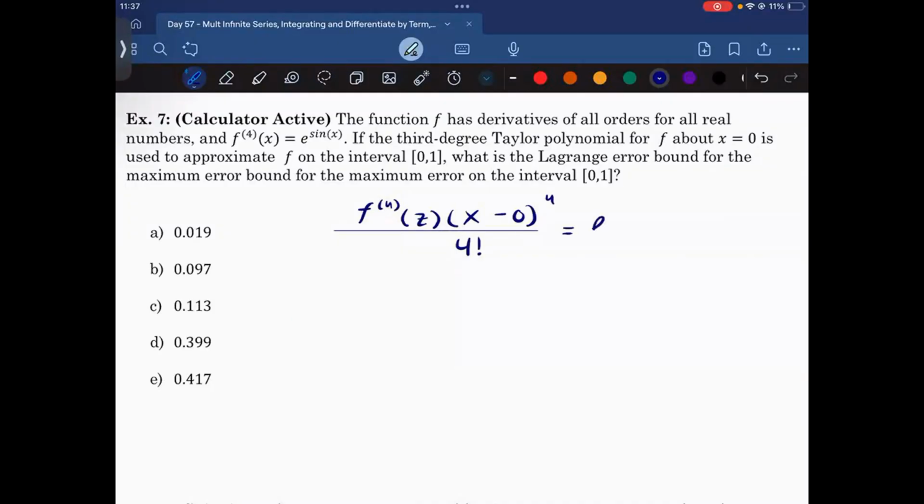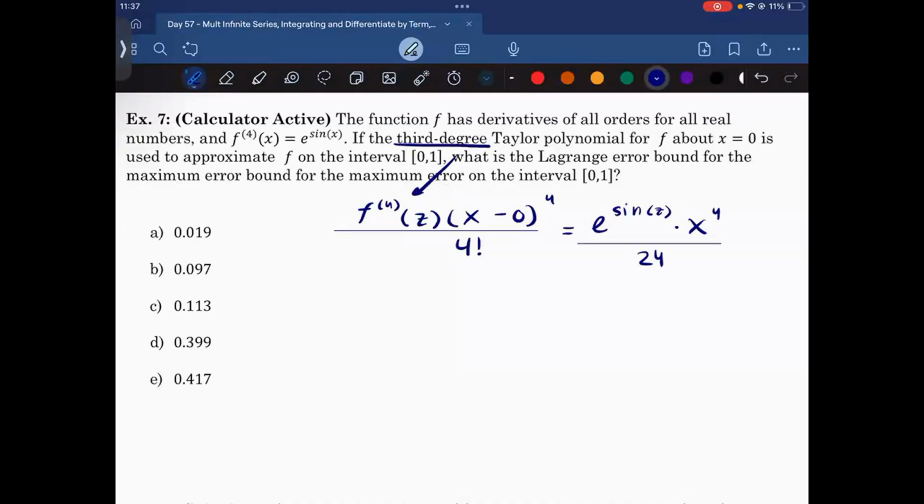And then I'm just going to plug in the information I already know. And you could keep it 4 factorial or 24, doesn't really matter. So what we're trying to do is, we were given the third degree, so we now have our fourth term.